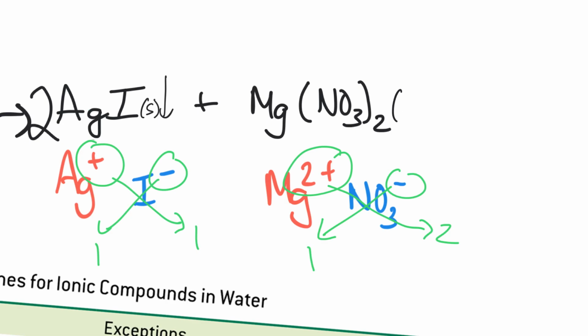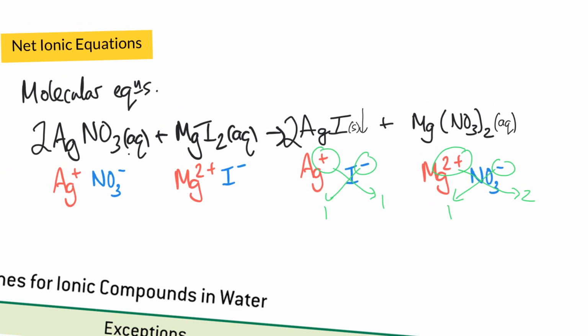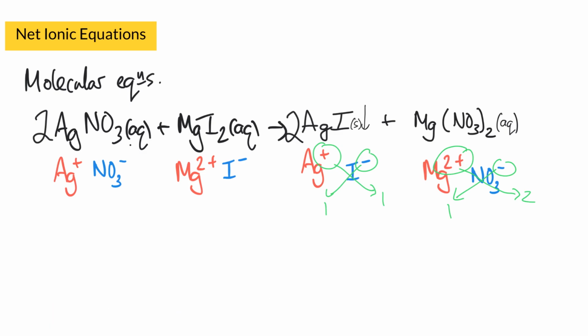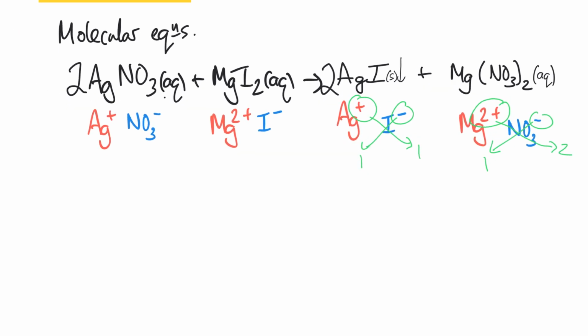That is not soluble. S means it is a precipitate. And so we write AQ, short for aqueous, which means it is dissolved in water. And so we have ourselves a wonderful molecular equation. So this is molecular, and this is what we learned to do before the break. So we need to go on and do a couple other things.